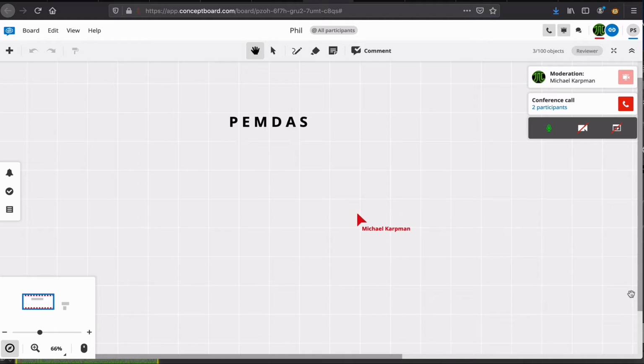P stands for parentheses, E stands for exponents, M for multiplication, D for division, A for addition, and S for subtraction. And so, what they teach people then is that you should go from left to right. You do everything that's in parentheses, and then you do your exponents and your multiplication, your division, addition, and subtraction.